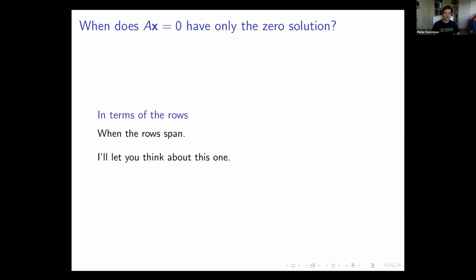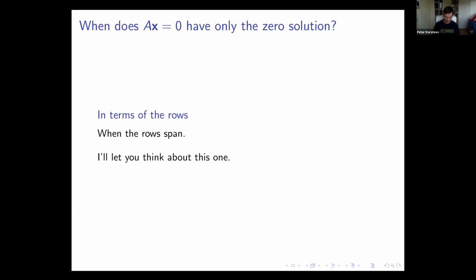And yet the same condition in terms of rows is when the rows span the space. Do you see that this is the same condition, that this is a zero? It only has the zero solution if the rows span the vector space R^R.